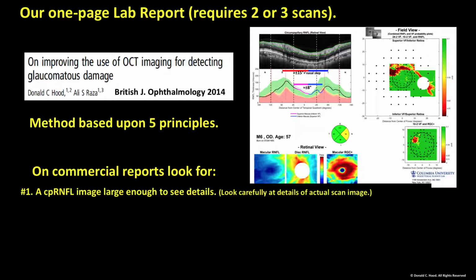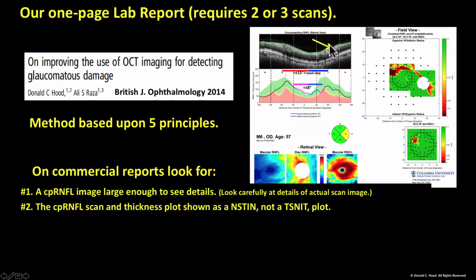You want to find out whether there's an image that's large enough so you can see details, such as the one up here. You want to check the circumpapillary scan and thickness plot to see if it's an N-STIN, not T-SNIT. So recall that this is the center of the temporal quadrant when you're plotting something in N-STIN.